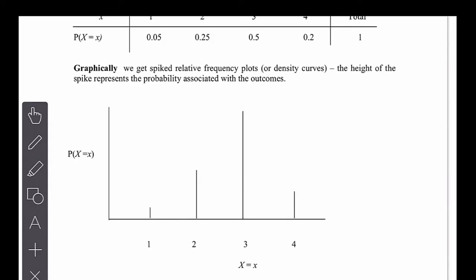I write the probability that the variable X is equal to the value little x, and these are the possible values. There's nothing in between these spikes because the variable can only take on the discrete values through here. Okay, so that is the general discrete distribution.